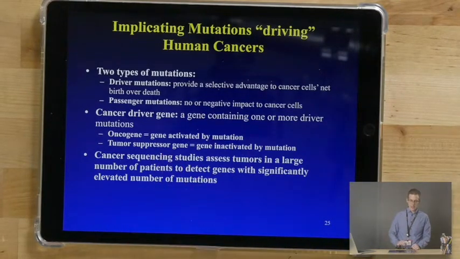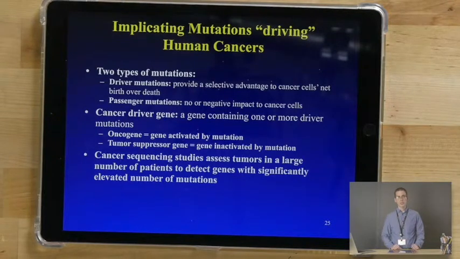The second set is tumor suppressor genes. These are the ones where mutations inactivate the gene or cause it to lose its function, and then it is no longer able to restrain cancer. This is more like if you had a brake and you remove the brake, and you can't stop.